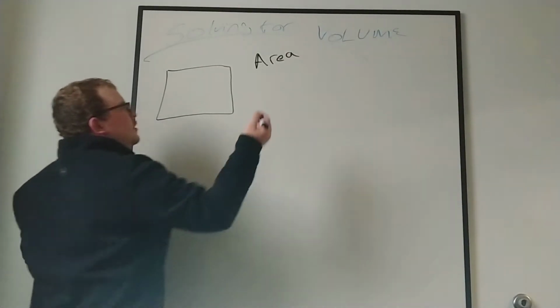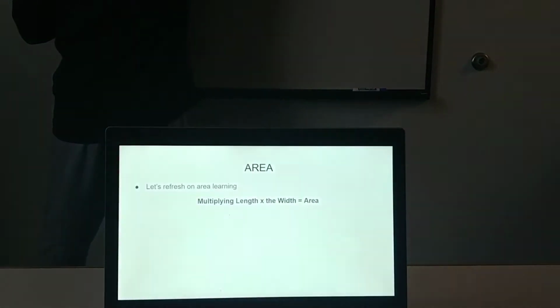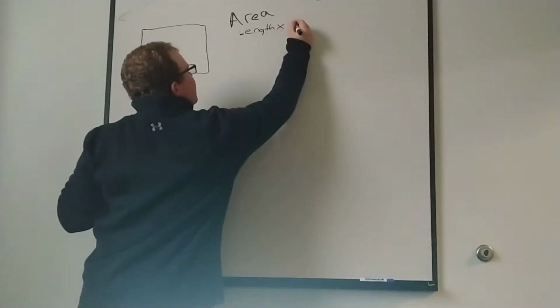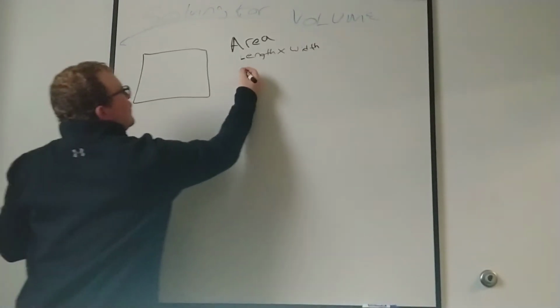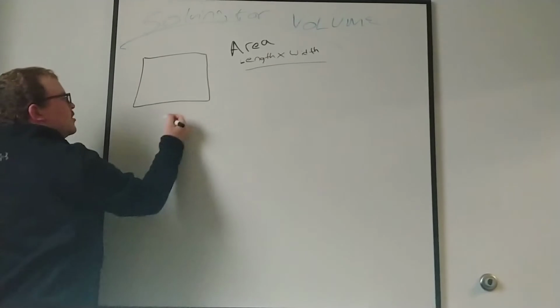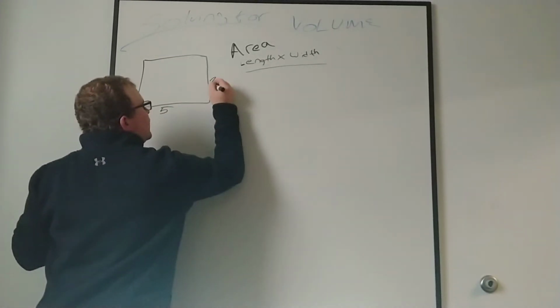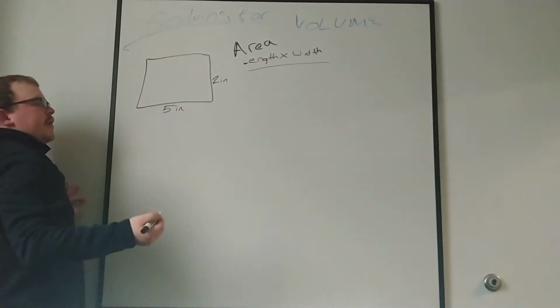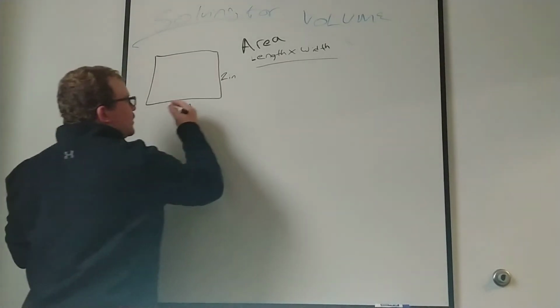So area is multiplied by length times width. Now if it's length times width, let's say this is 5 inches and this is 2 inches. First off, where's our length and where's our width? Correct, nice job.